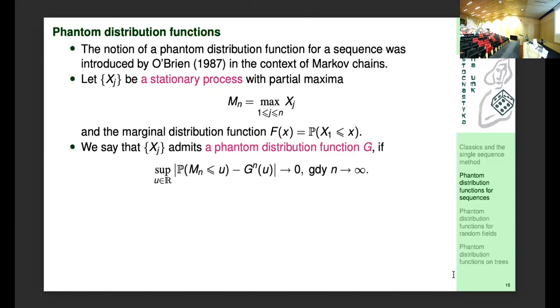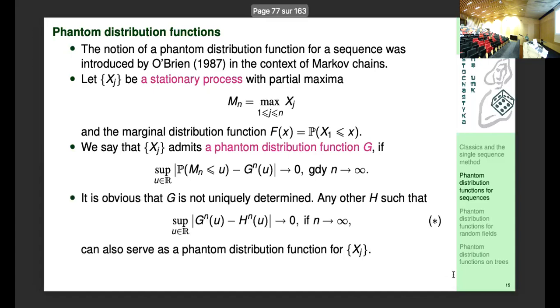So of course, if Mn is a sequence of independent random variables, we can take G as F, but in general, of course, no. What is obvious from this definition is that G is not uniquely determined, and if we take any other distribution function H, then we can again describe this, and if this holds, then this relation holds with H as well.